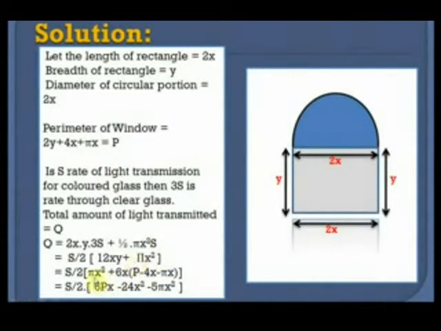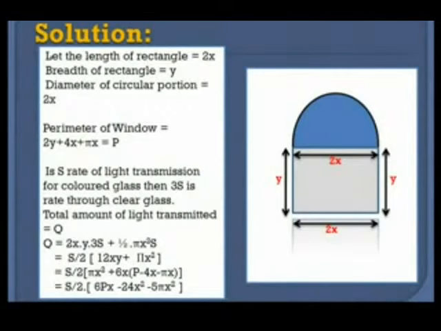Pi x square is written as it is, plus 2y is equal to p minus pi x minus 4x. So we substitute this value of y over here to get 6x into p minus 4x minus pi x.